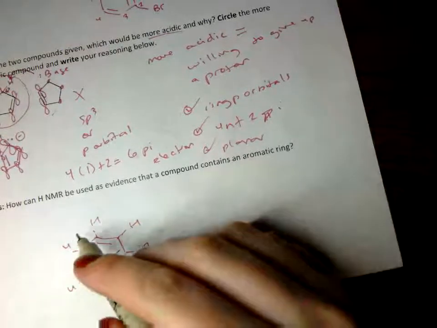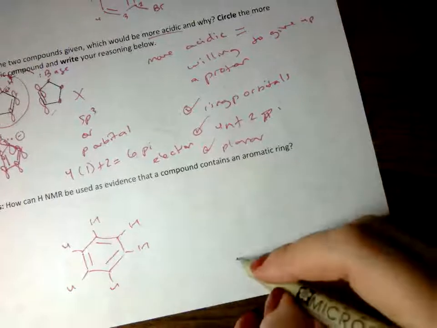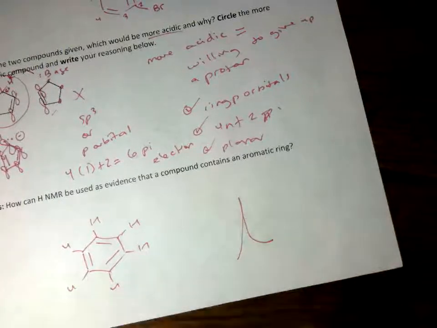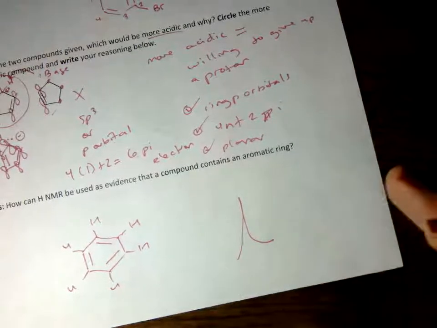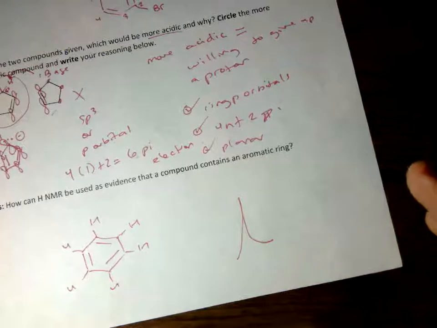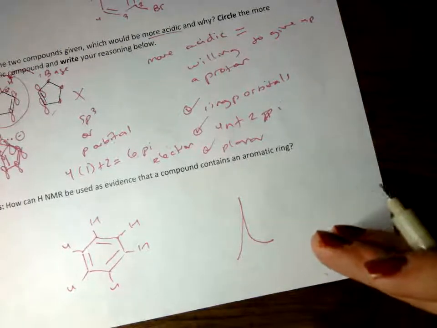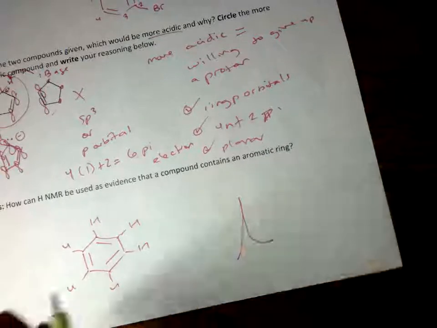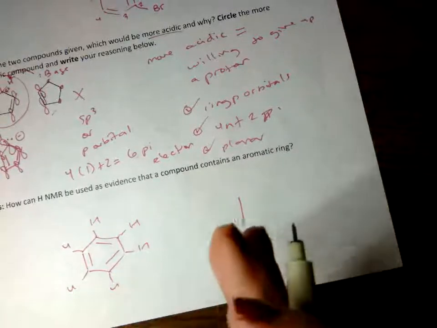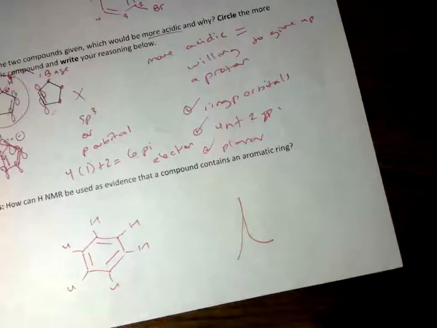So because they're in identical conditions, these all just show up as one peak in the aromatic region. But it is slightly de-shielded, meaning that the electron density isn't as focused on those hydrogens. So both of those things together, where the aromatic ring shows up, tell us that it's delocalized and it is aromatic.